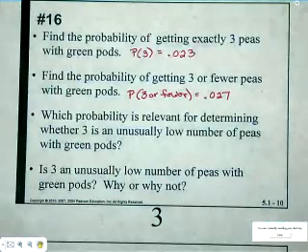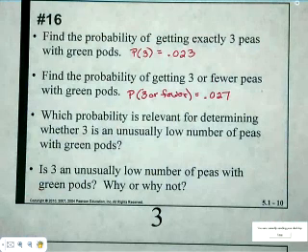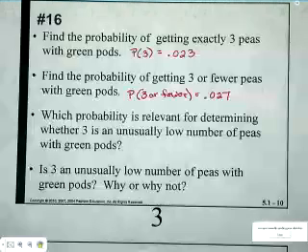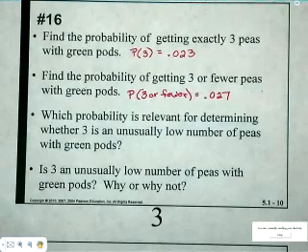If I want to ask the question, is 3 an unusually low number of peas with green pods? Do I use the probability of exactly 3 or the probability of 3 or fewer?